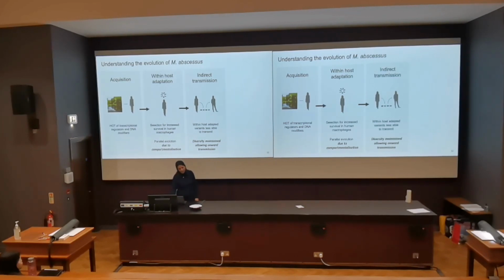And so we now have a more complete picture: we think that M. abscessus transmits between people, but there's still this evolutionary bottleneck which prevents further pathogenic evolution.